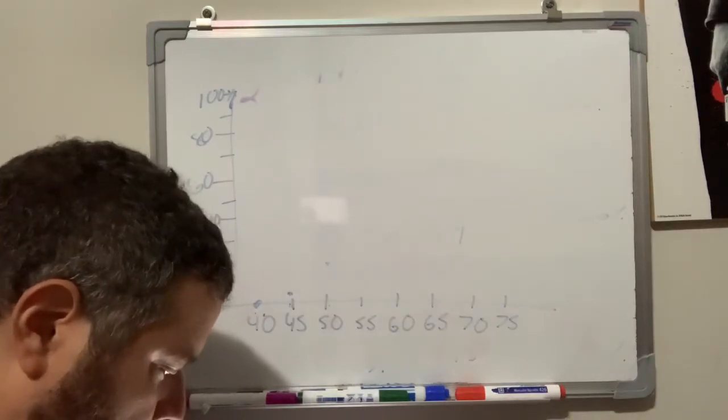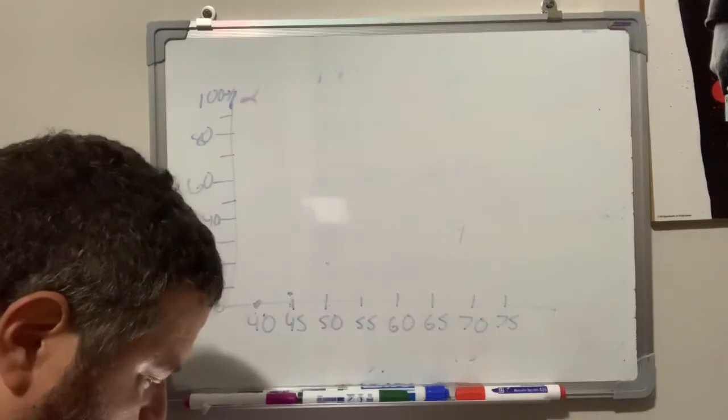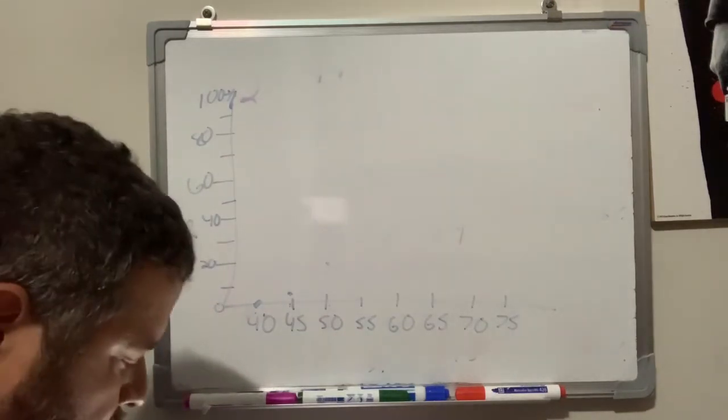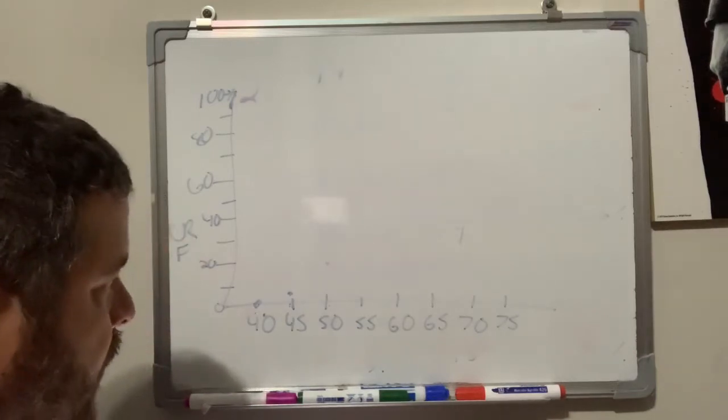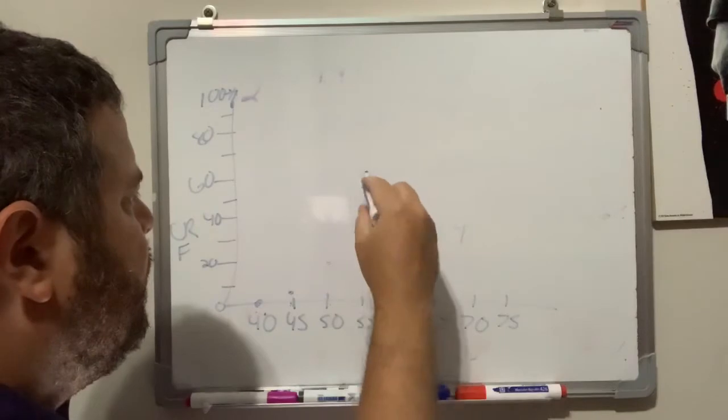55 would correspond to more or less 50%. Let me see. 40 to 44 is 4. 45 to 50 is 20. 50 to 55 would be 50, more or less here.